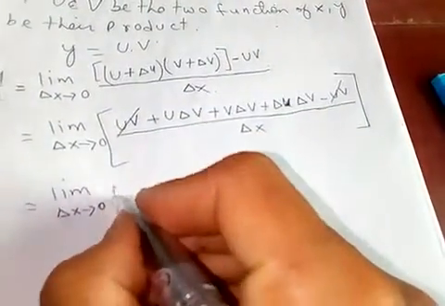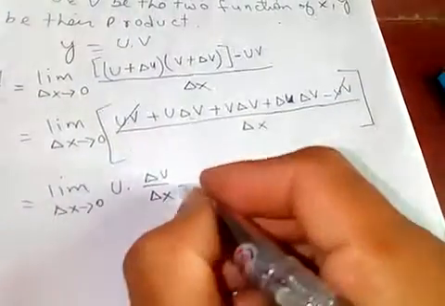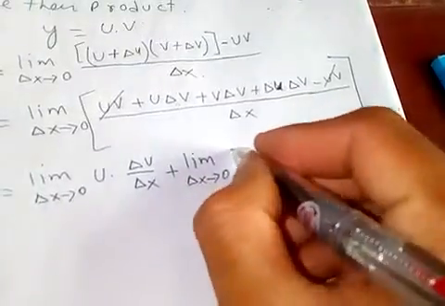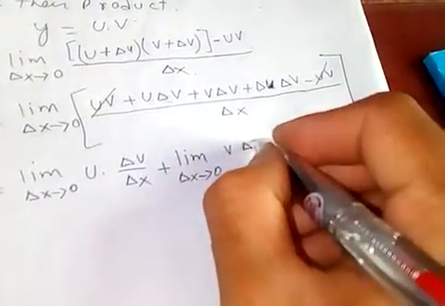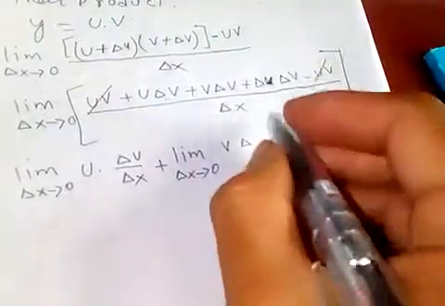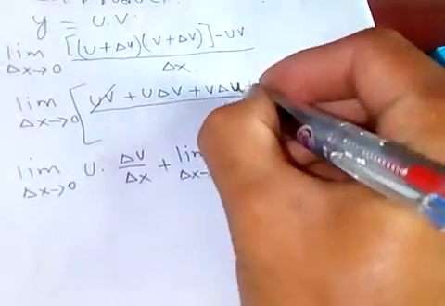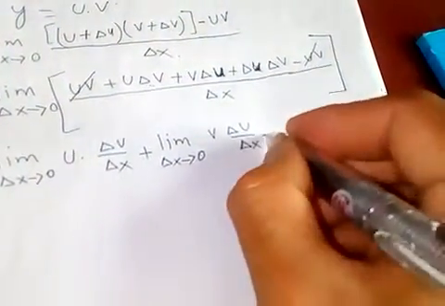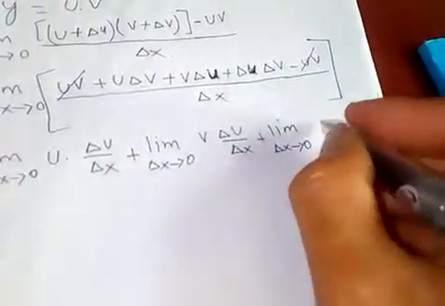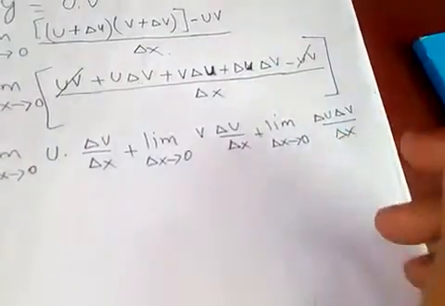Okay, u delta v over delta x, this one, first one, plus limit delta x tends to 0, v delta u over delta x, plus limit delta x tends to 0, delta u delta v over delta x.